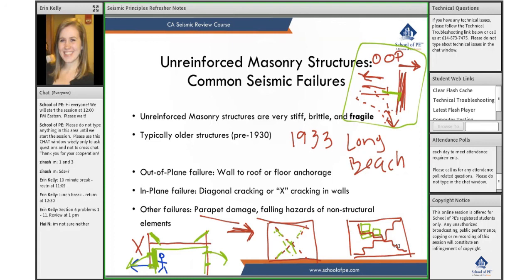You'll see a channel outside, and that's an indication that maybe they've put a moment frame in here and they've tied it through the wall. So that prevents the X cracking, prevents the out of plane damage, and then brace the parapets. So hopefully that's a pretty good background for you guys on URMs.